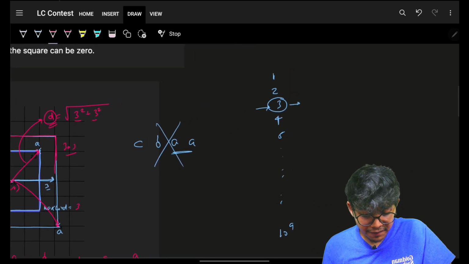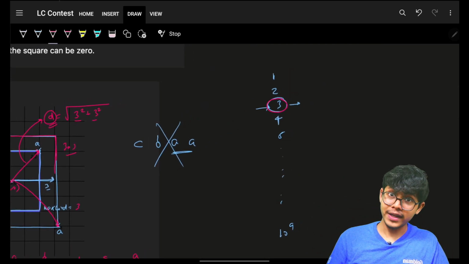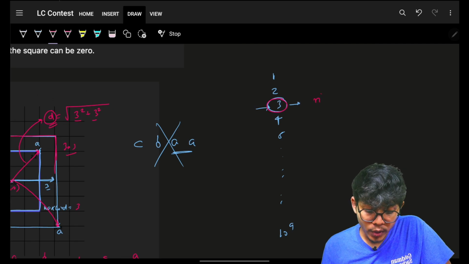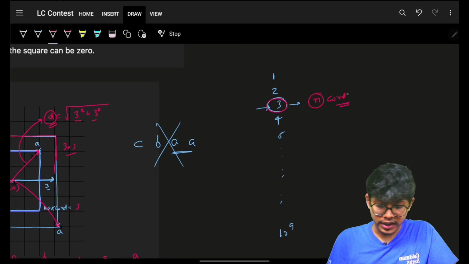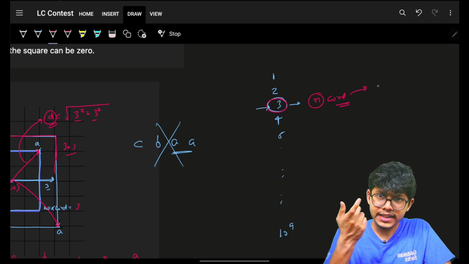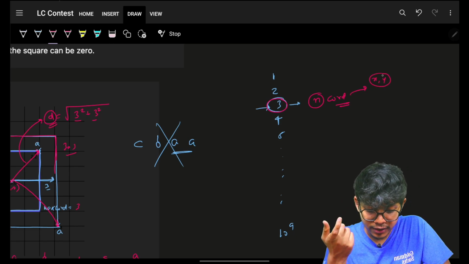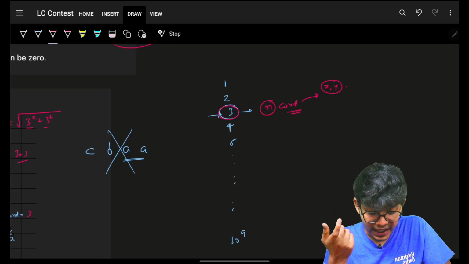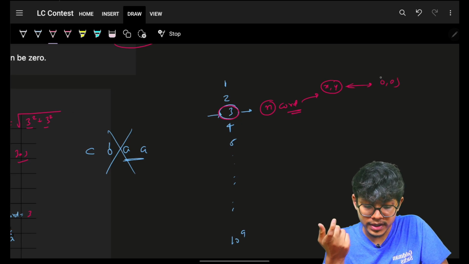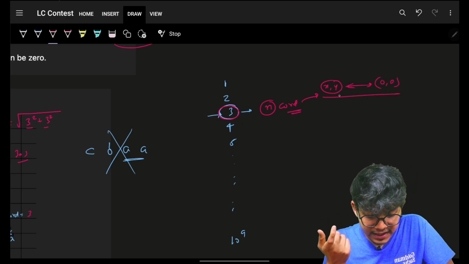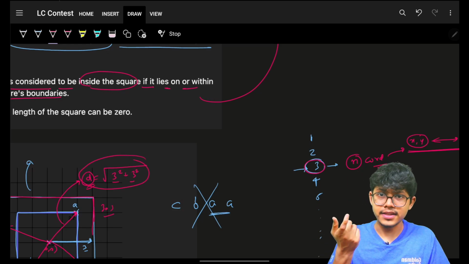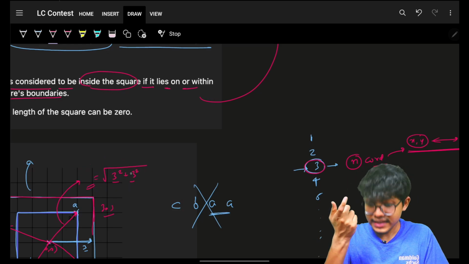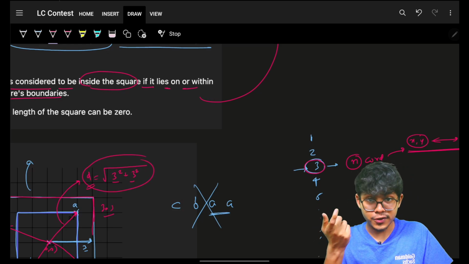So when I have fixed a specific square of 3 cross 3, I will have to go and try for all the n coordinates. For the current coordinate x comma y, I will get its distance from 0 comma 0, and then check whether this distance is less than the distance d for the current square.